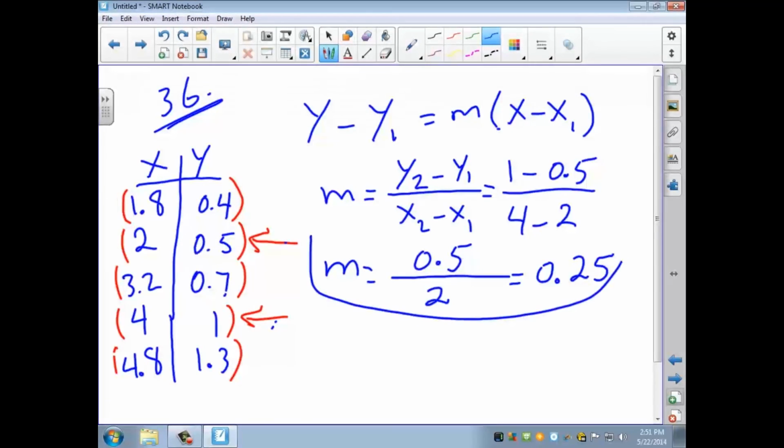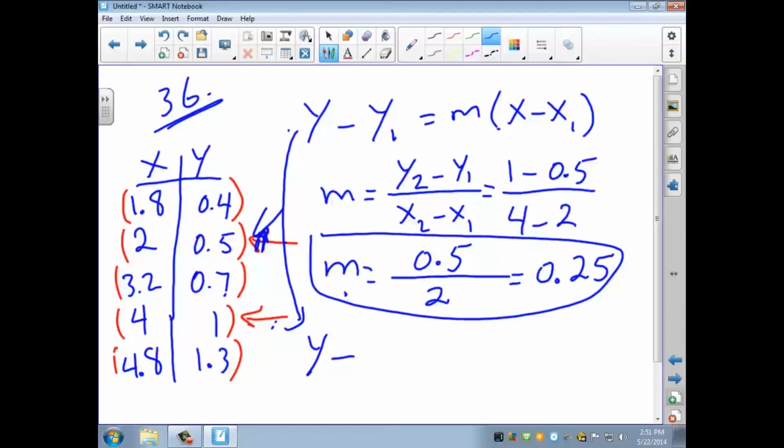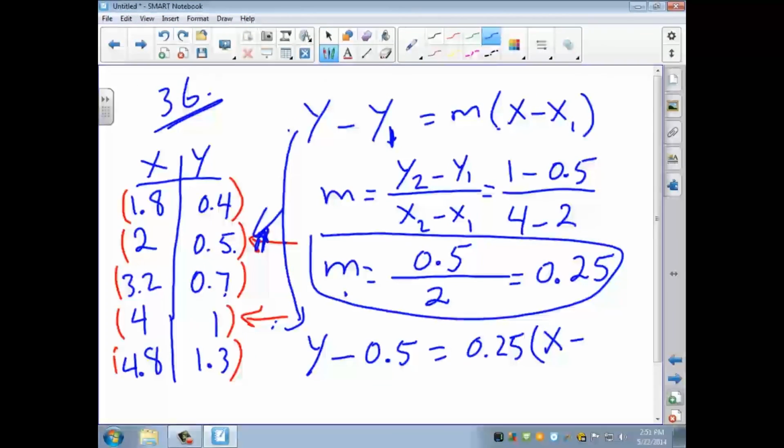I can take this slope and one of these points, let's take this point, to plug into this formula. So I will go y minus y1, that would be 0.5, equals m, which I found to be 0.25, times x minus x1. x1 related to this 0.5 is 2.